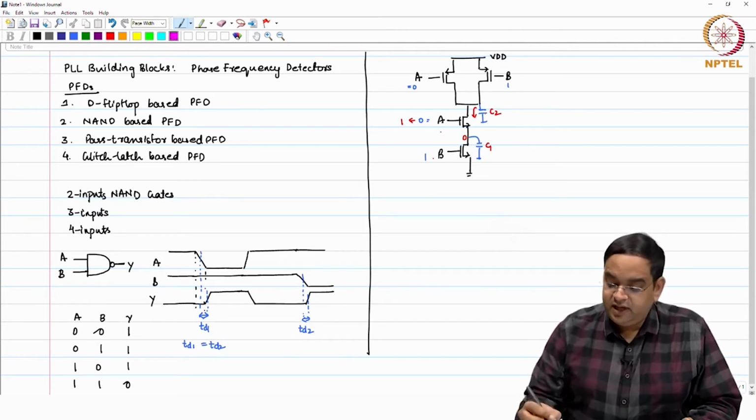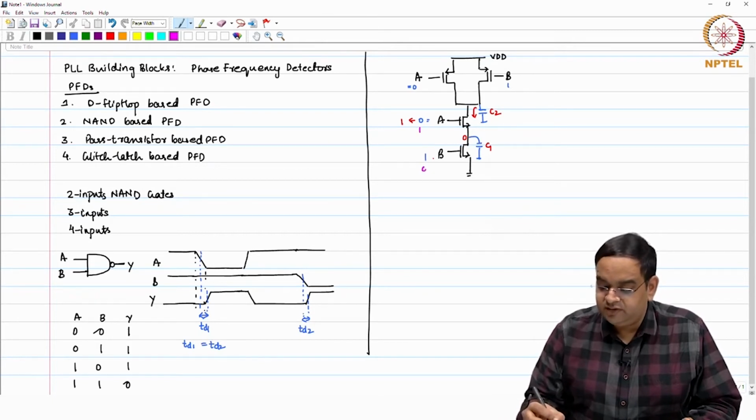In place, if you have A as 1 initially and B as 0, and if A was 1, the output node, this Y node is actually, if you look at it, B was 0. So, this node, because B is 0 and this is 1.